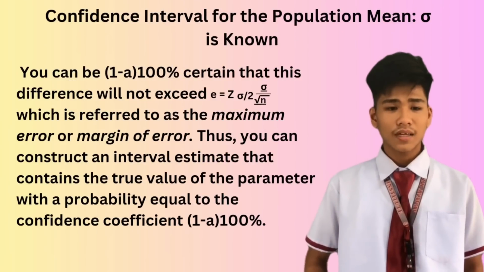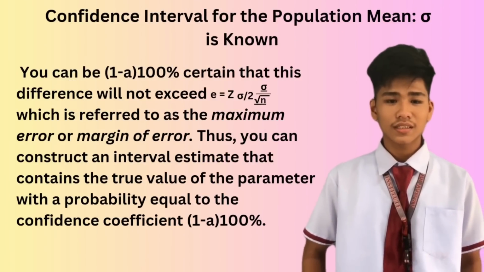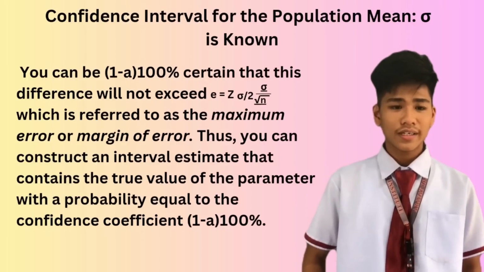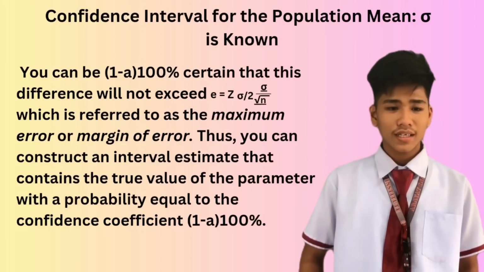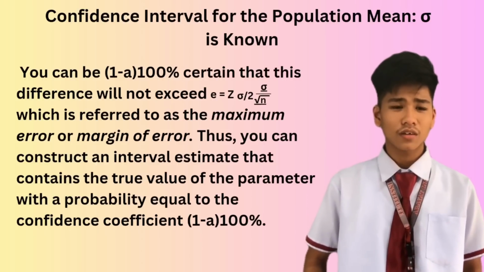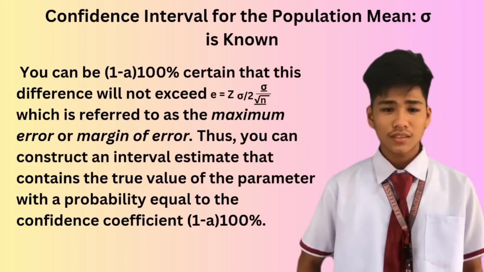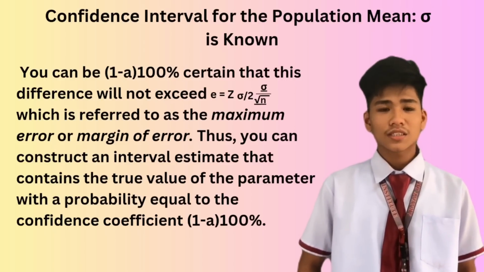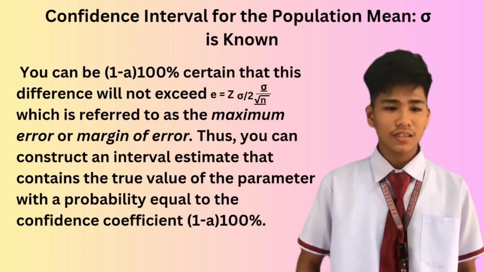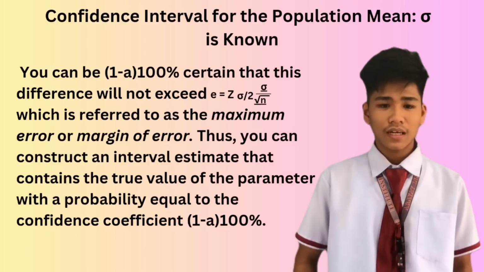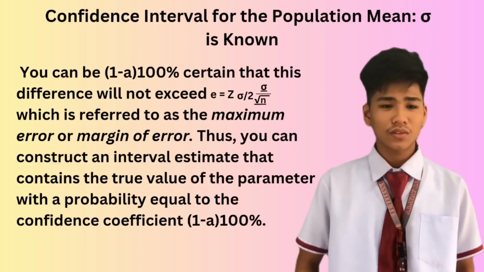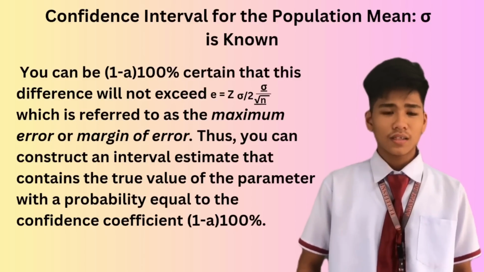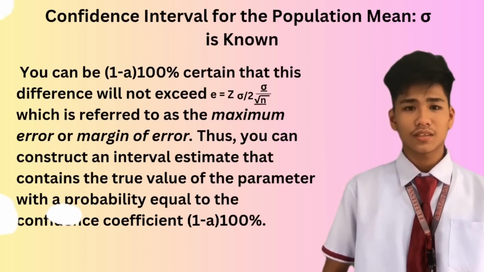You can be (1 minus alpha) times 100% certain that this difference will not exceed E equals z sub alpha over 2 times sigma all over the square root of n, which is referred to as the maximum margin of error. Thus, you can construct an interval estimate that contains the true value of the parameter with probability equal to the confidence coefficient (1 minus alpha) times 100%.